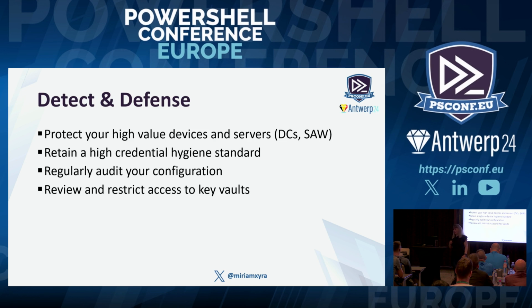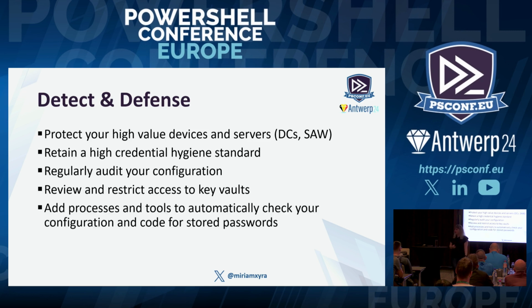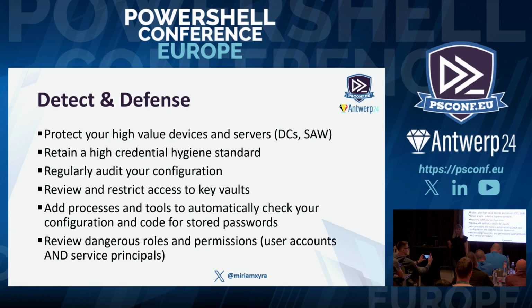As I said, also key vaults. Review who has access. Restrict your access to a minimum. Add processes and tools to also check your code, check your configuration, and review dangerous rules and permissions.